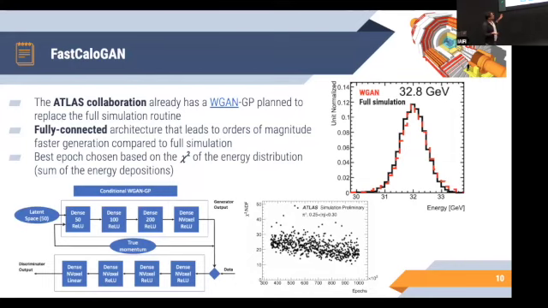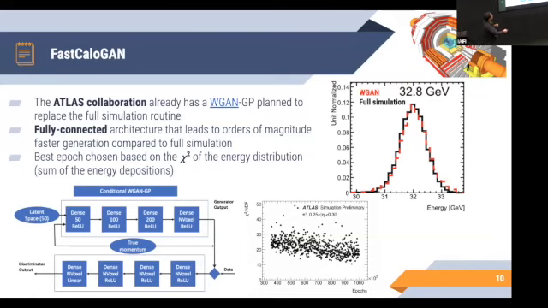They already replaced a part of the calorimeter simulation that used to be a more complicated simulation routine with a Wasserstein GAN, a generative model that does exactly that. It tries to simulate the response of a particle going through your detector and to detect the energy deposits of this particle.